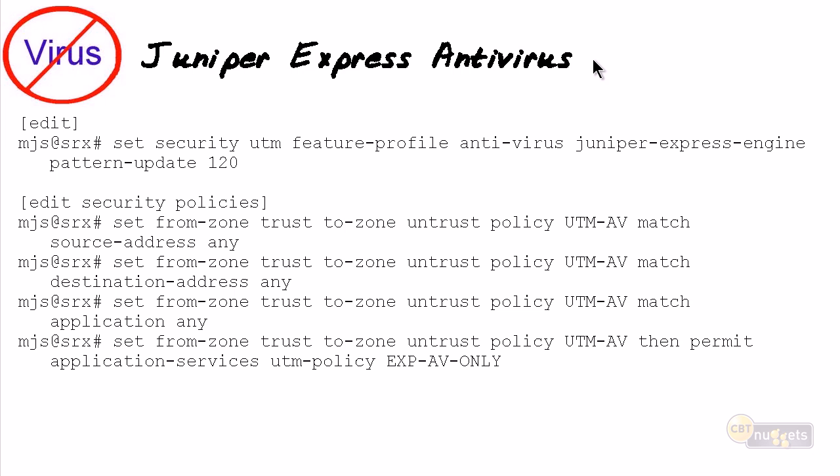So what we can do is use the Express antivirus to have the SRX scan a subset of our full antivirus database, and we'll see that here in a moment. For example, we'll look at things like HTTP, FTP, SMTP, POP3, and IMAP.